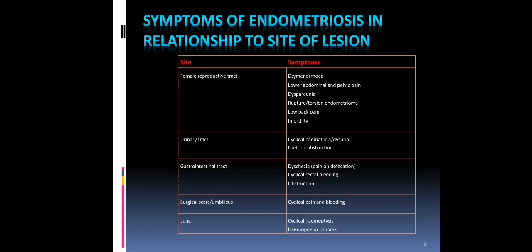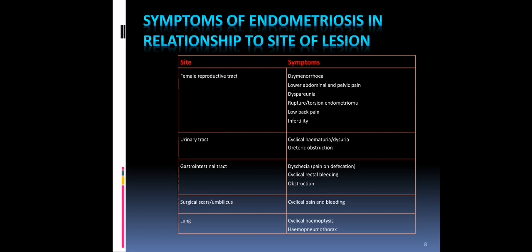In case of gastrointestinal tract involvement, there would be dyschezia, pain on defecation, cyclical rectal bleeding, and obstruction can even occur. In surgical scar or umbilical endometriosis, there would be cyclical pain and bleeding from these sites. In case of lung involvement, there would be cyclical hemoptysis. Pneumothorax can even occur in the most complicated cases.